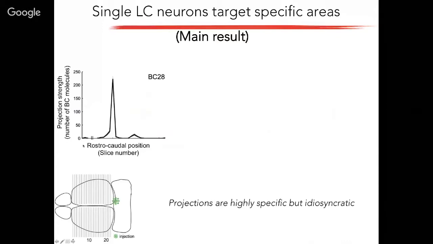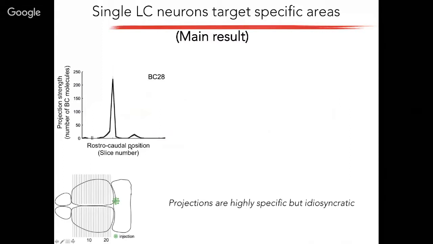So here is the spatial profile of projections for barcode 28, which corresponds to neuron 28. And the projection strength is measured in barcode molecules, which we quantify carefully through sequencing. And the x-axis shown here is the rostrocaudal position from those slices.